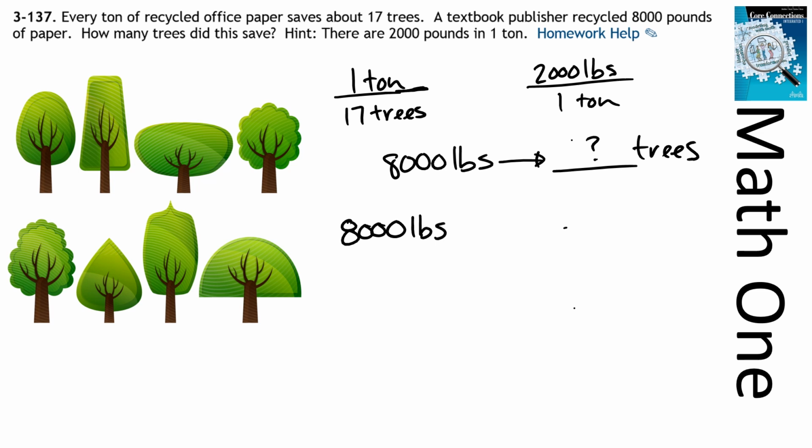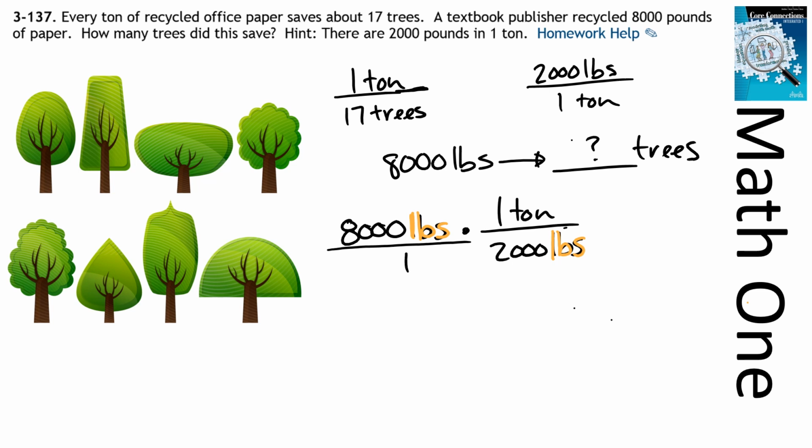So I'm going to multiply by this giant one, the fact that 1 ton of recycled paper is 2,000 pounds. If you'll notice, I've got pounds in the numerator, 8,000 pounds, and pounds in the denominator. Those units are going to form a giant one in and of themselves.